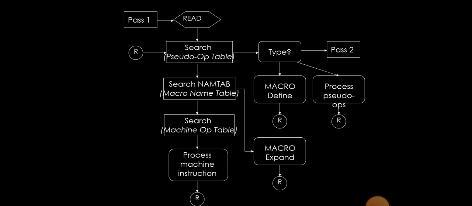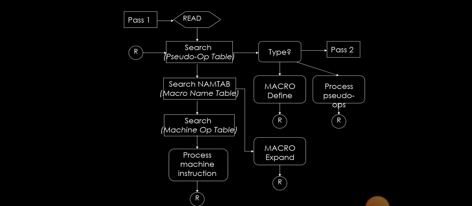So it starts from reading the source, and it goes to search. Search for the pseudo opcode that is named POT. What we have seen in the flowchart of each definition: the pseudo opcode table, machine name table, search machine op table, and process machine instructions.